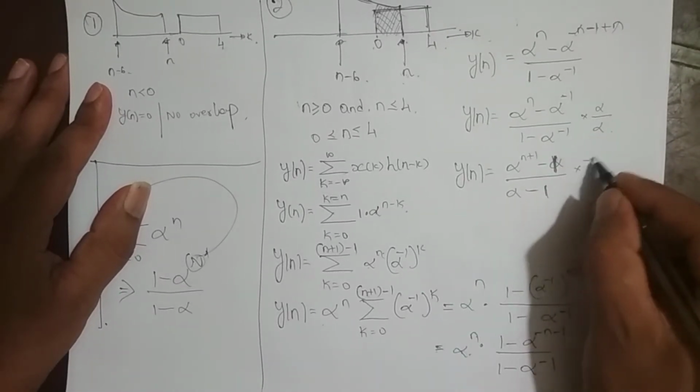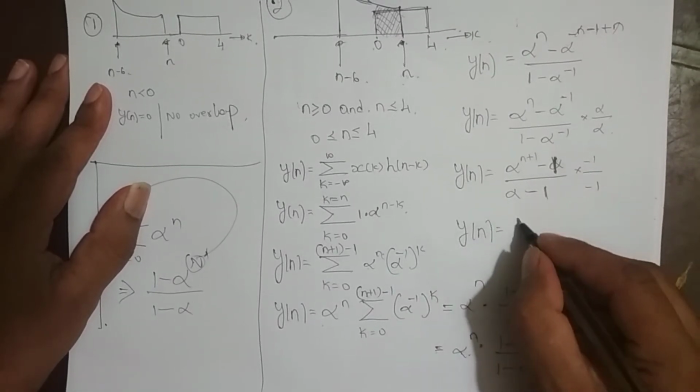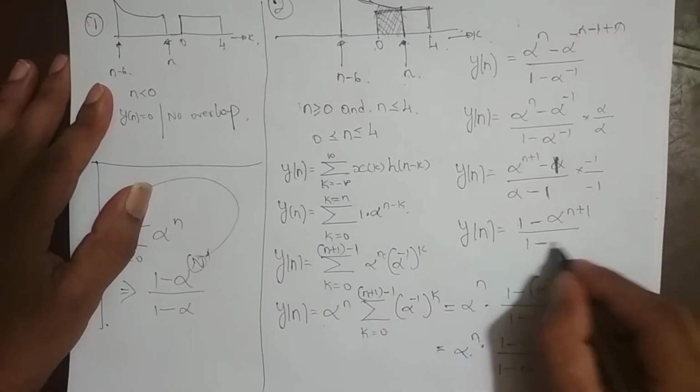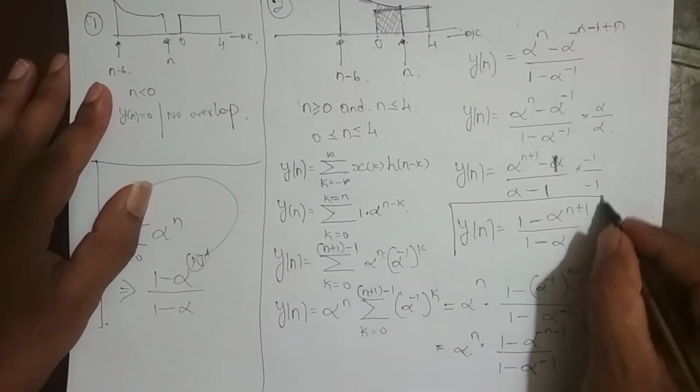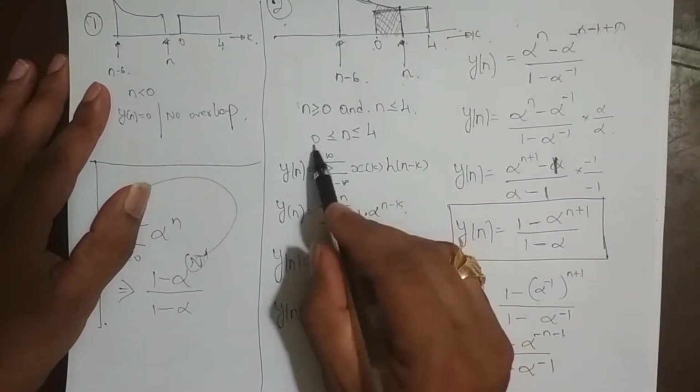What I do, I multiply both numerator and denominator by minus 1. So I end up with y of n is equal to 1 minus alpha power n plus 1 whole divided by 1 minus alpha. So this is the simplified equation for case 2, where n is in between 0 to 4.